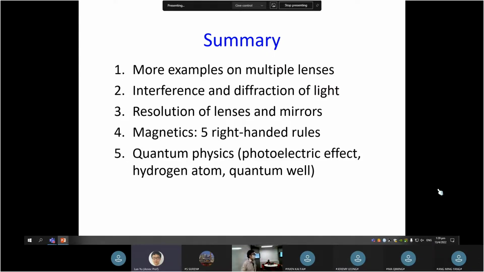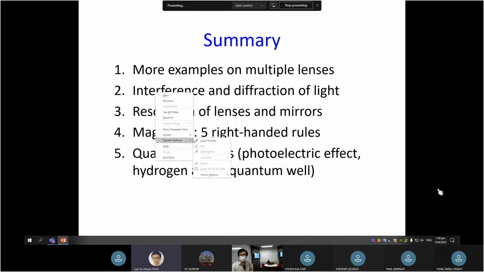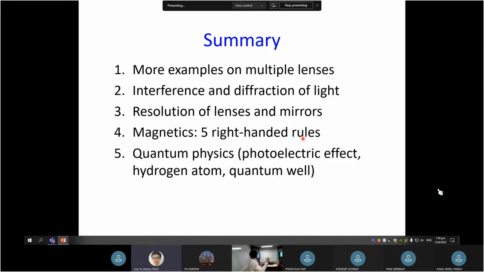So I will talk about this part. I will also talk about some magnetics, especially to help you review the 5 right-hand rules we learned for magnetism.